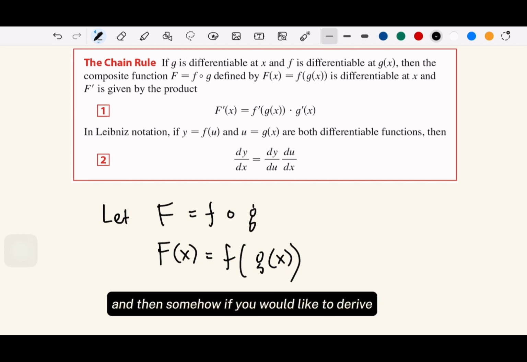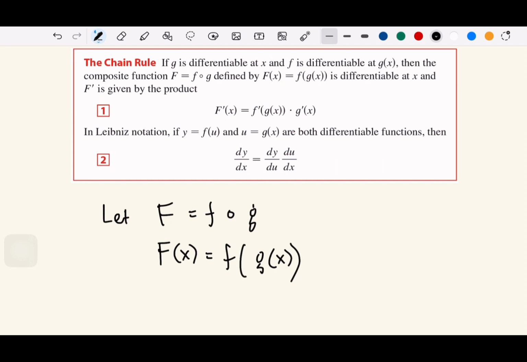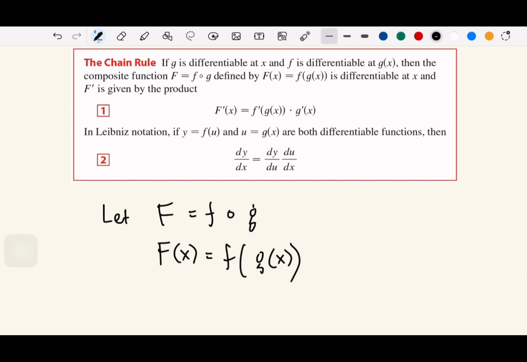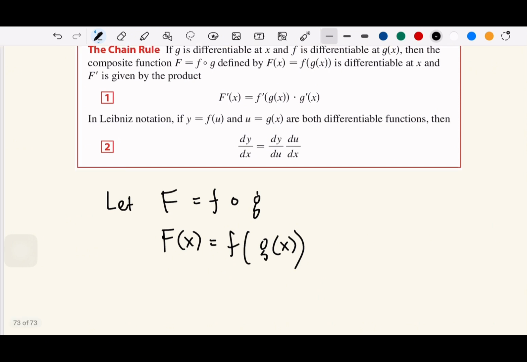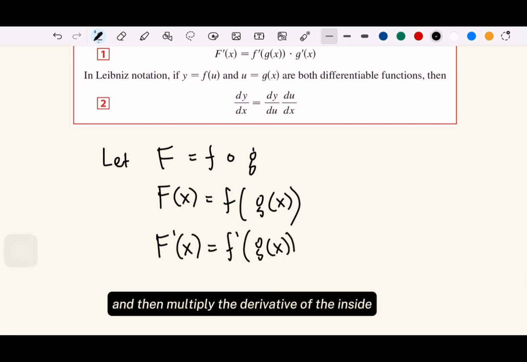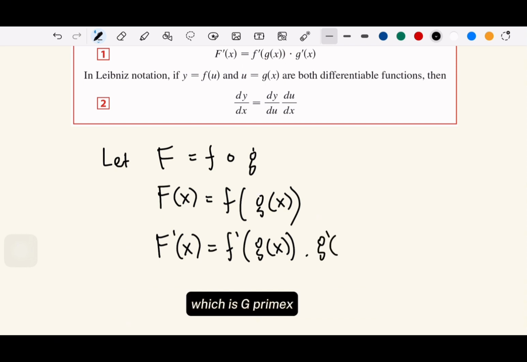And then if you would like to differentiate this, which means that we are going to differentiate the whole thing, how do we do that? So we have this, and then multiply the derivative of the inside, which is g prime x.